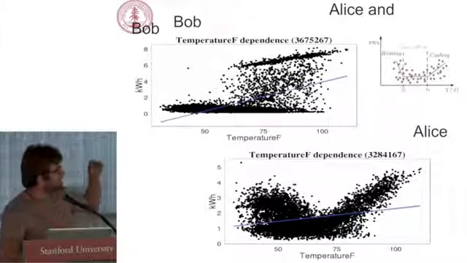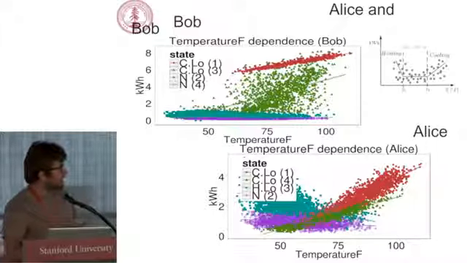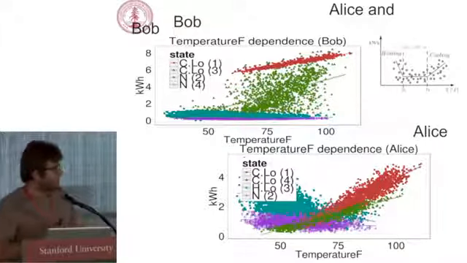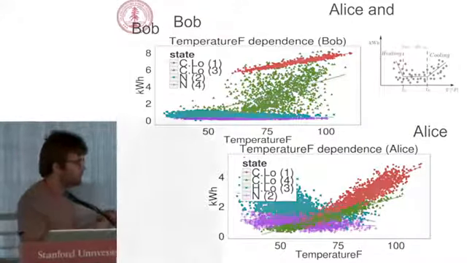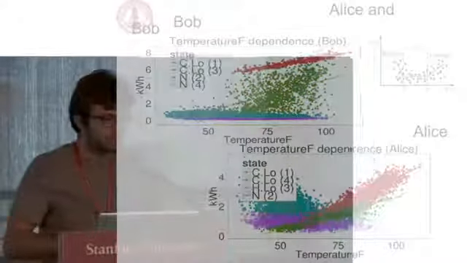So for example, we have Bob here on the top that's using a lot of consumption that's responsive to temperature in the form of AC, but Alice is using both AC and HVAC, and this we can actually show in the data. And please stand by my poster to hear more about it. Thank you.